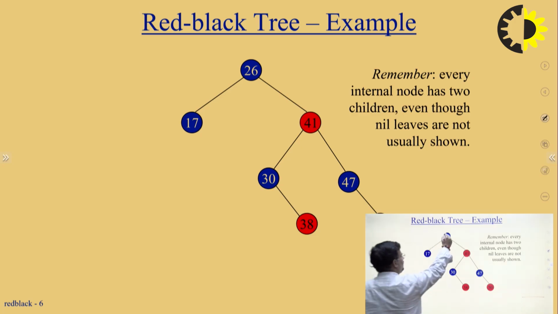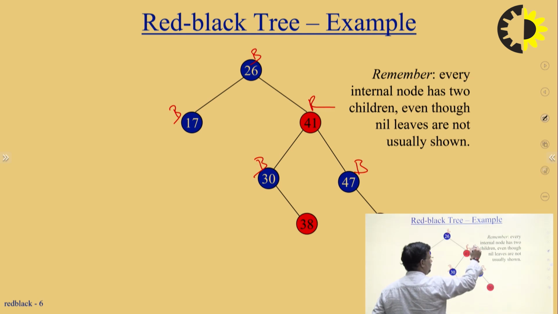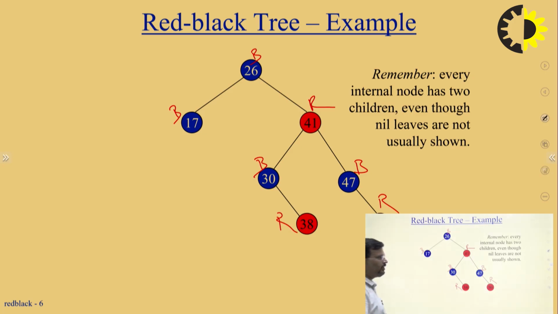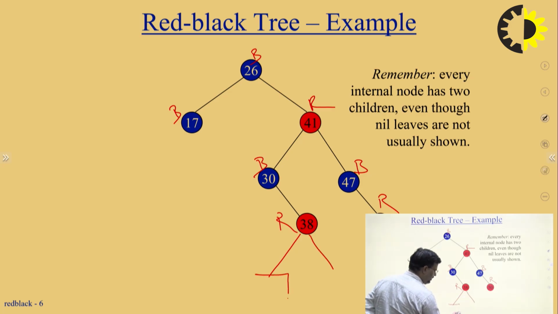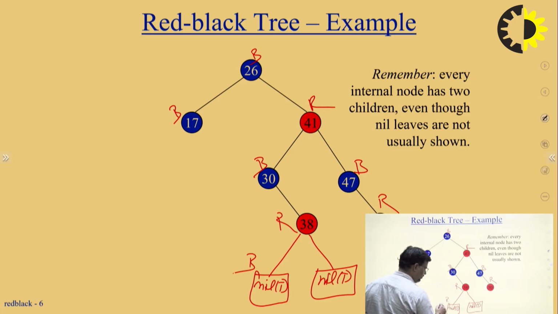Next, this is the concept of the red black tree. This node is black, and these nodes are red, and these nodes have the value nil and color black.